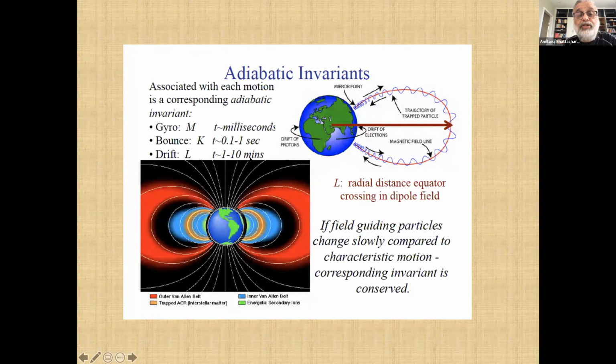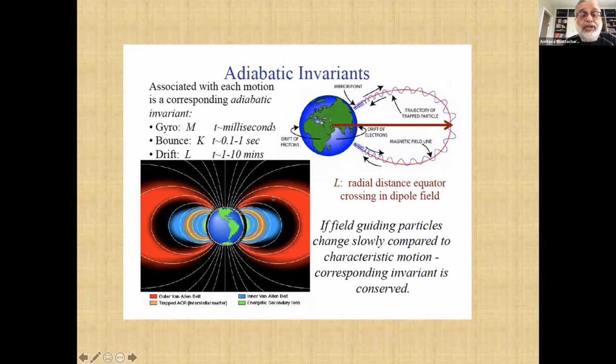And the drift takes much longer, 1 to 10 minutes. Now, as long as the field that is guiding the particles changes slowly in time and space compared to the characteristic motions, these invariants are very good. And in fact, it is at the heart of why we have the radiation belts.